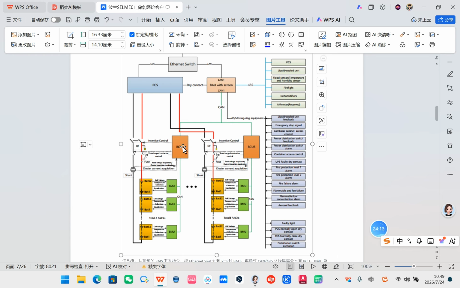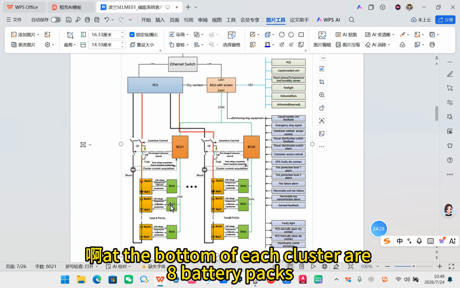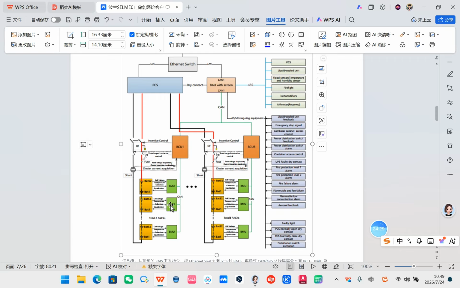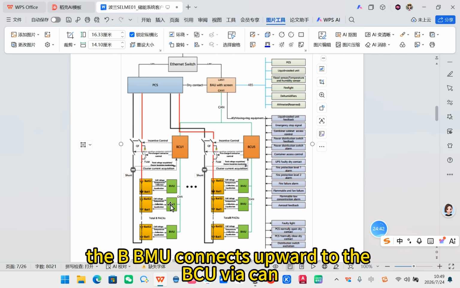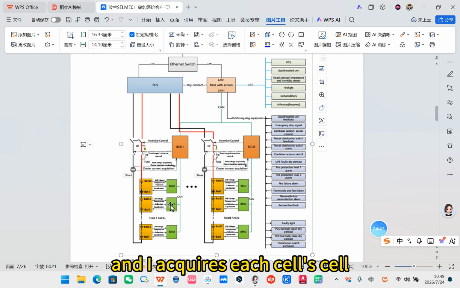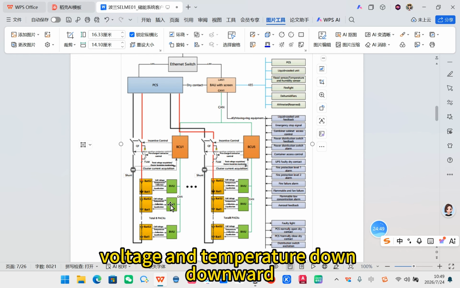Okay, that's the BMU and cell layer. At the bottom of each cluster are 8 battery packs, battery 1 to battery 8, like BCU1. Each with a BMU, battery management unit. The BMU connects upward to the BCU via CAN and acquires each cell voltage and temperature downward.